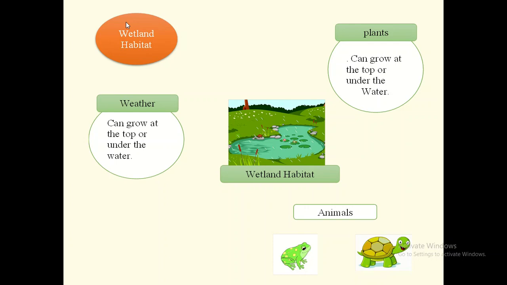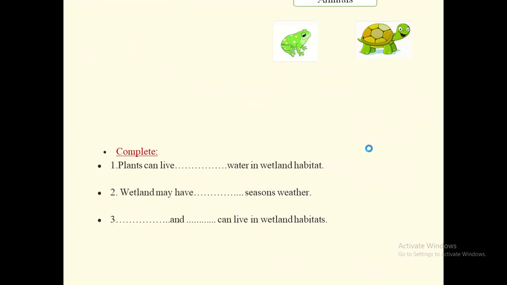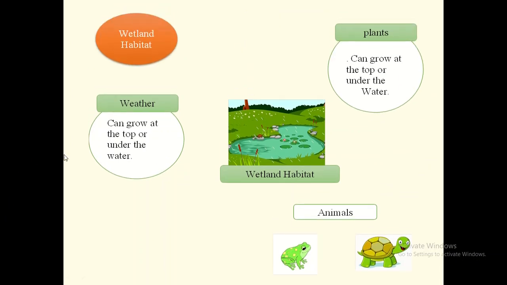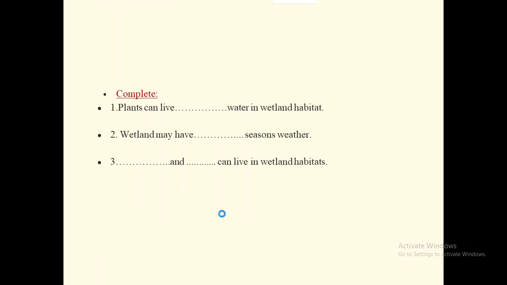Okay. Now we are going to solve these questions. Number 1, plants can live blank water in the wetland habitat. Excellent. They can grow at the top or under the water.